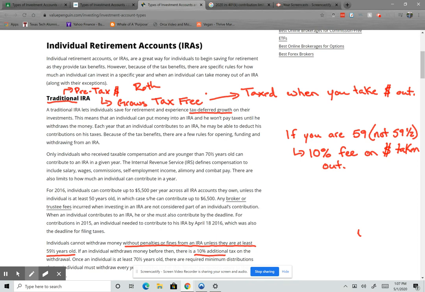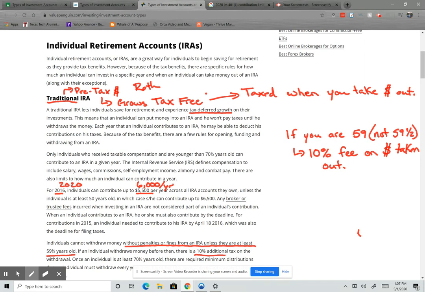So in 2016, a person can contribute up to $5,500 per year. In 2020, that amount is $6,000 per year. Okay. If you're over 50, right?